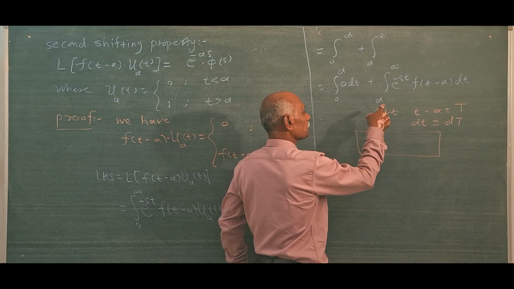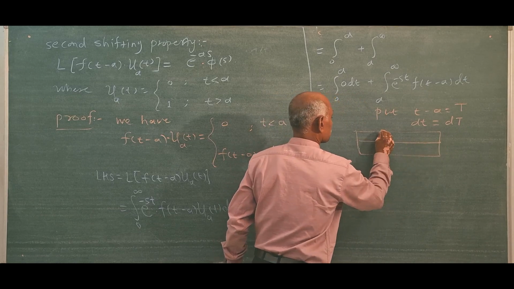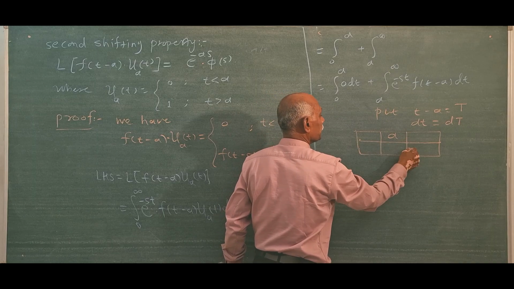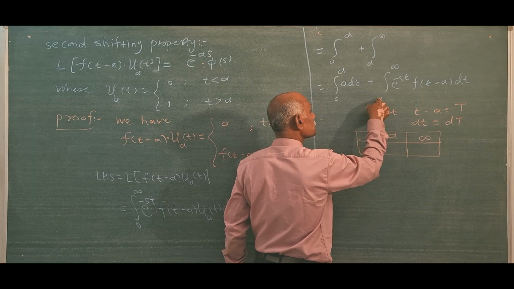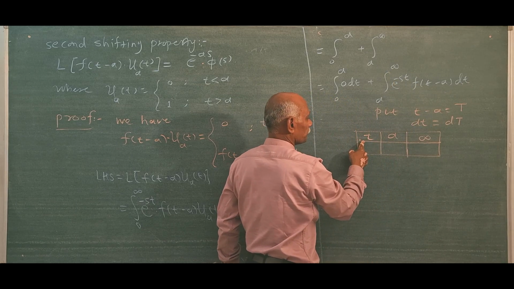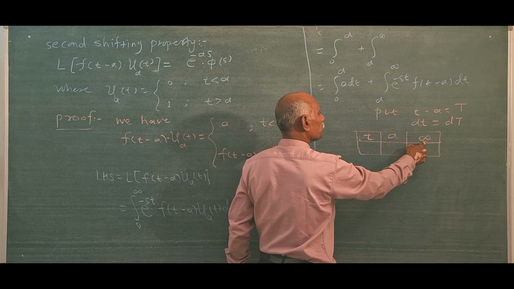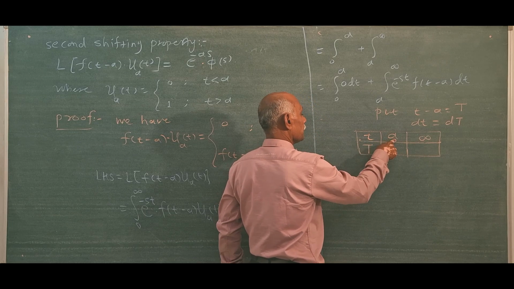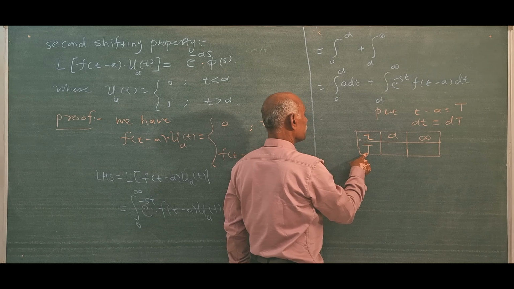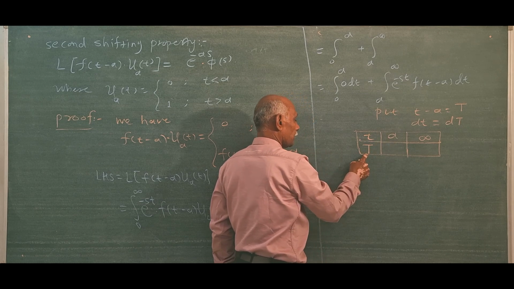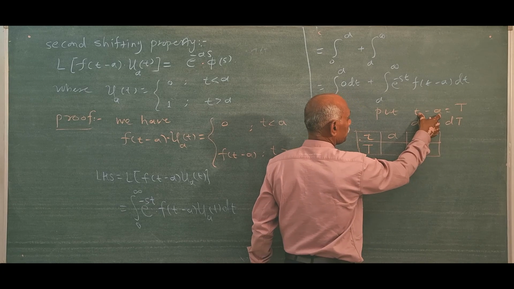What about limits? If you substitute something, you have to find out new limits. What are the old limits? Old limits are a and infinity. But note that these are limits with respect to small t, and therefore t runs from a to infinity. What about capital T? If small t is a, then what is the value of capital T? How to find out? There is a formula. The value of capital T is T = t − a.